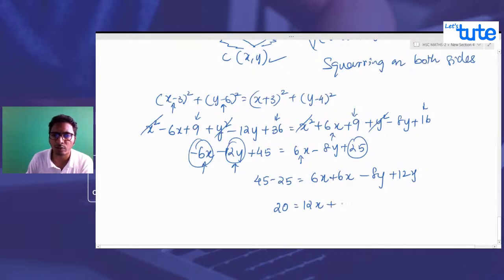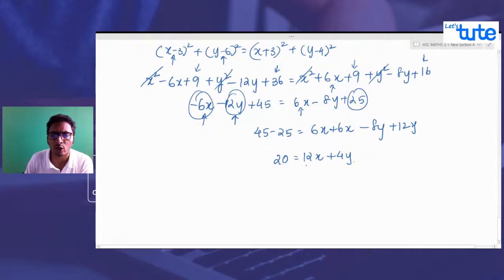Correct? 4y. What we can do is, we can see that the common factor is 4, so let us divide by 4 on both sides. So what are we going to get? 4 5s are 20, 4 3s are 12, and it is 1.